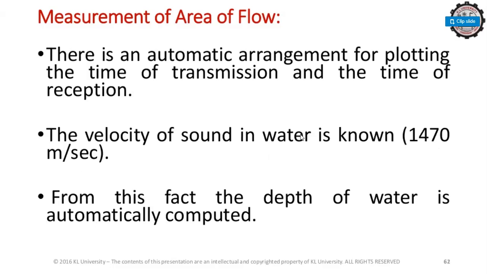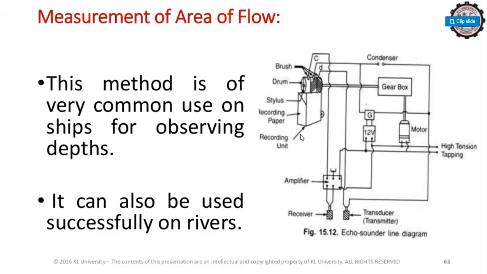There is an automatic arrangement for plotting the time of transmission and the time of reception. The velocity of sound in water is known as 1470 meters per second. From this fact, the depth of water is automatically computed. This method is of very common use on ships for observing depths. It can also be used successfully in rivers.